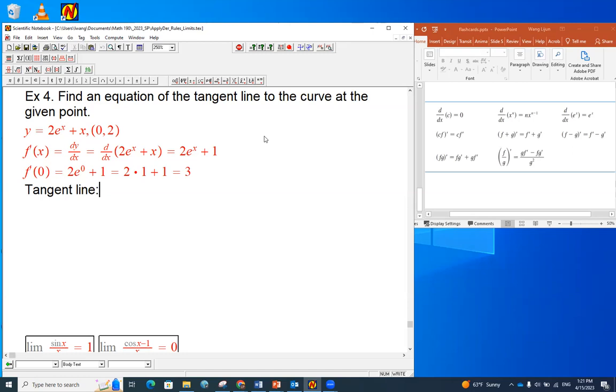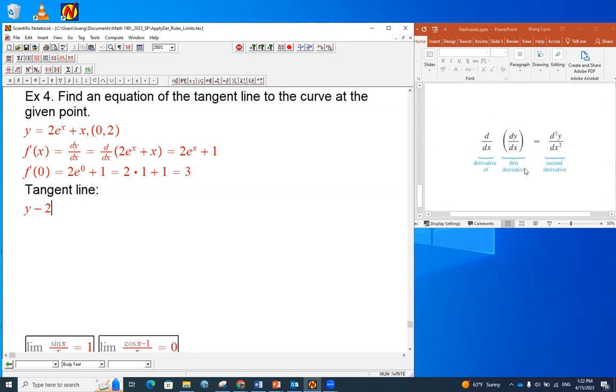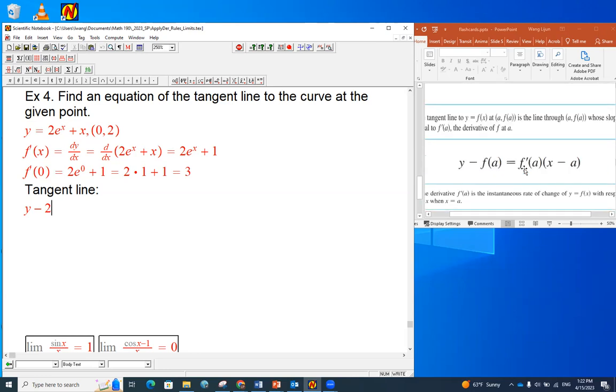So we found the slope, and the tangent line equation is y minus 2, right? There's a formula, we've seen that before. We've seen that picture, we've seen that formula before, in the flashcard. Equals the slope at 0 multiplied by x minus 0.